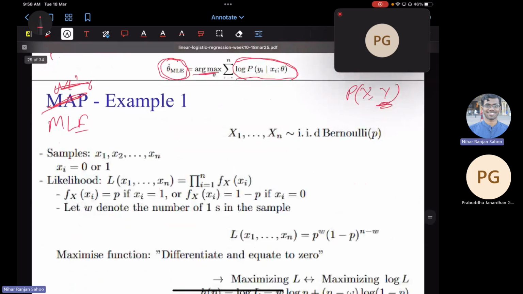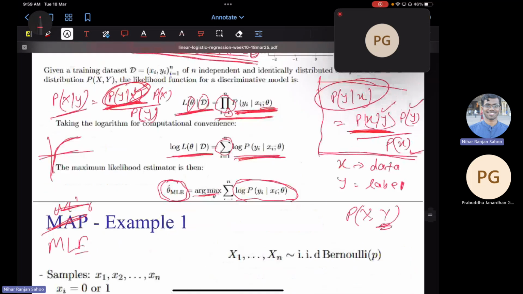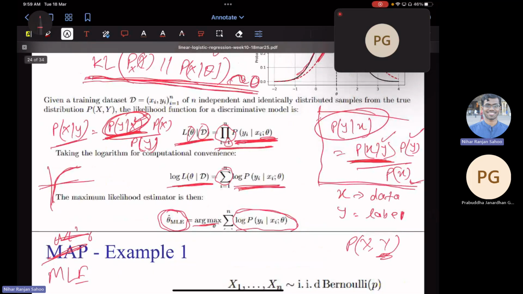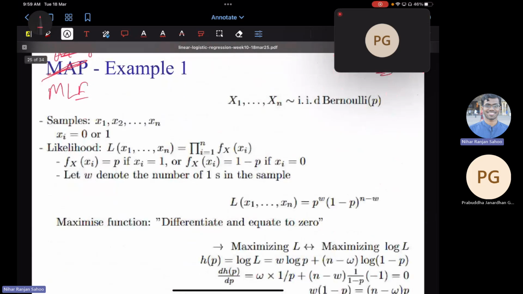Okay, now let's see one example of MLE. How do we apply MLE to any input data points, right? So when we're talking about the likelihood, there is some assumption, like this probability of y given x comes from some distribution, right? All the examples we'll be discussing today will assume that distribution comes from Bernoulli. But again, you might expect some questions here.